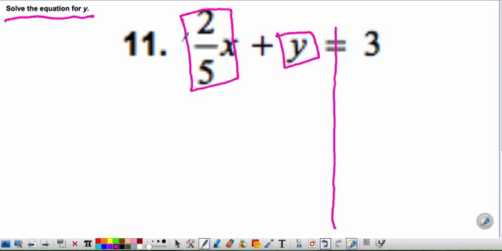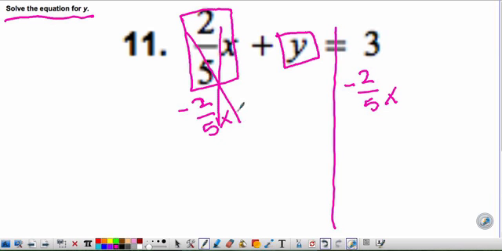So I'm going to do the inverse of this positive 2/5 x, and so I'm going to subtract 2/5 x off both sides. 2/5 x minus 2/5 x is 0. And I have a y.